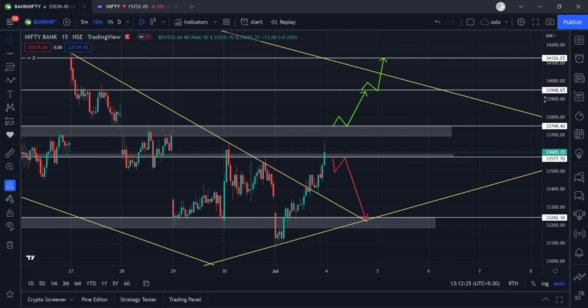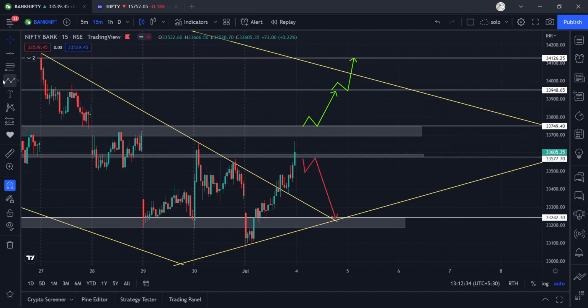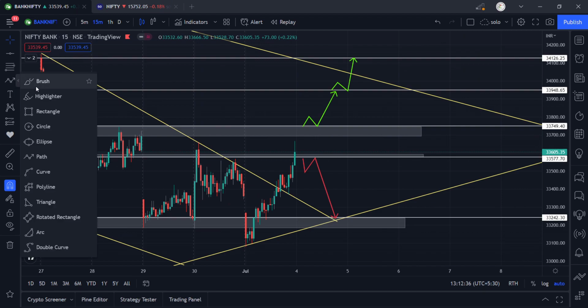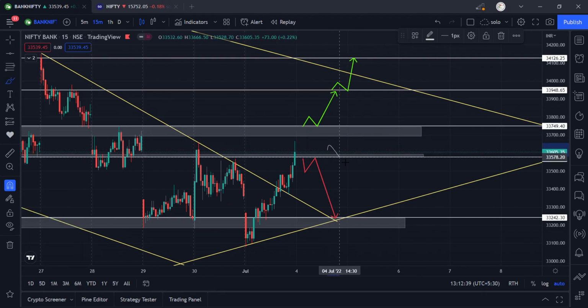So for your safe exit, just keep your target over here at 33,948 itself. So these are entries and exits for Bank Nifty. This is a no trade zone. No trade.